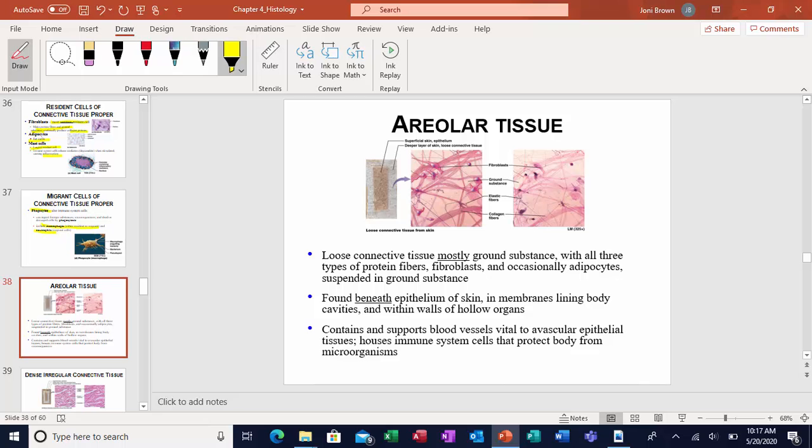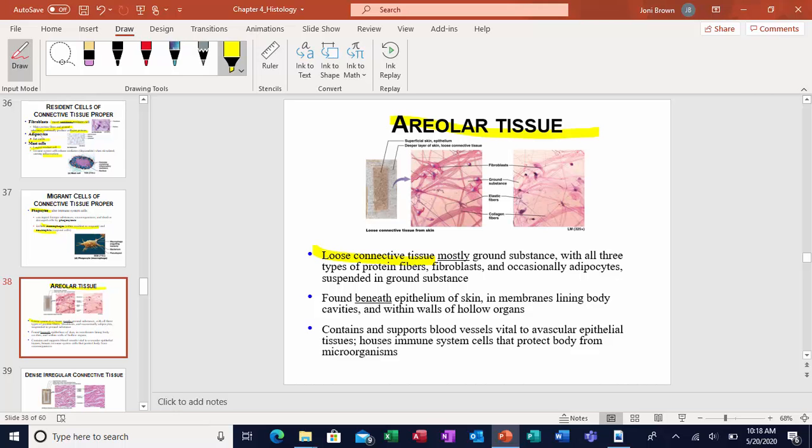Now, moving to the types of general connective tissue, the first type is areolar, also called loose connective tissue. It has a lot of ground substance in it, and all three protein fibers. It's got collagen, elastin, and reticular. It's got fibroblasts to make those fibers.